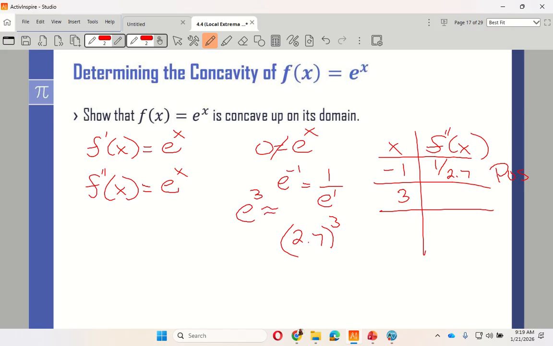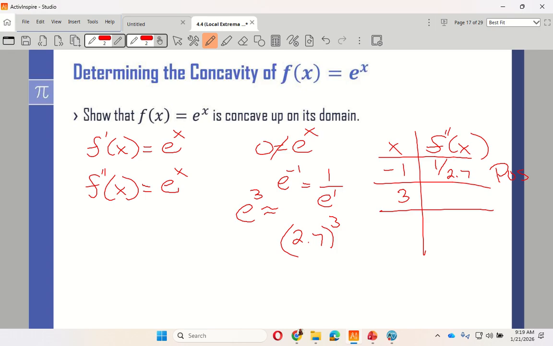So e to the third power is basically saying 2.7 to the third. Calculator says 20.08.